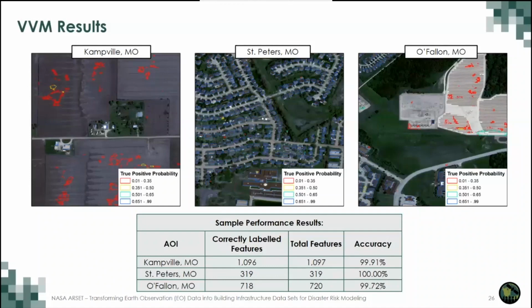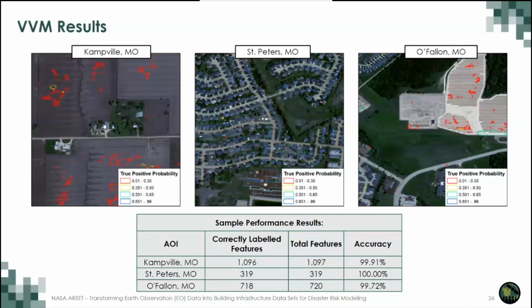What that model outputs is a probability from 0 to 100, where 0 means it has a high chance of being a false positive, and 100 means it has a very high chance of being a true positive. That's also color coded here. Anything that's red to yellow is considered a false positive, and anything that's cyan or dark blue is considered to be a true positive.